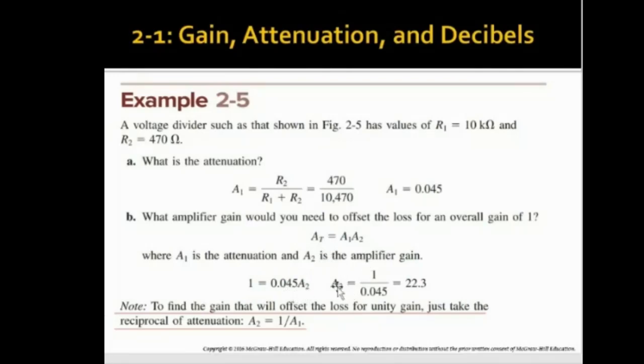We solve for A2, which will be 22.3. So that is our gain. If we put such an amplifier in the system, the input voltage will be the same as the output voltage. Note, to find the gain that will offset the loss for unity gain, just take the reciprocal of the attenuation. So A2 is 1 over the attenuation. Then you can find your gain.